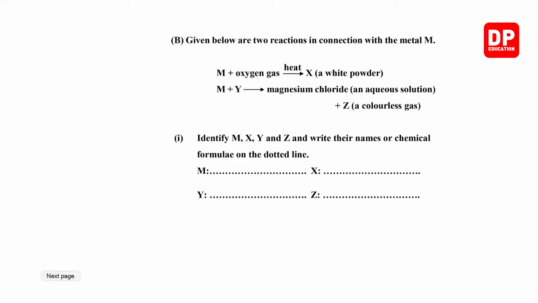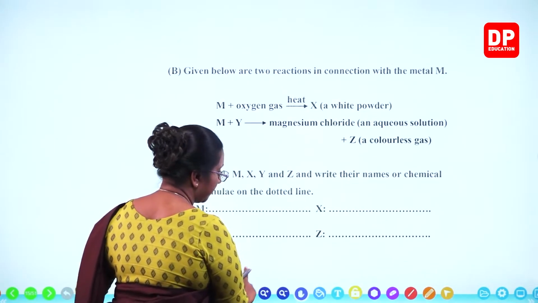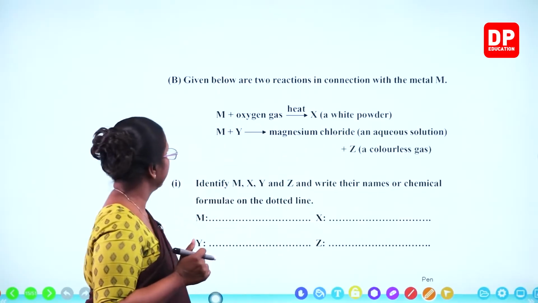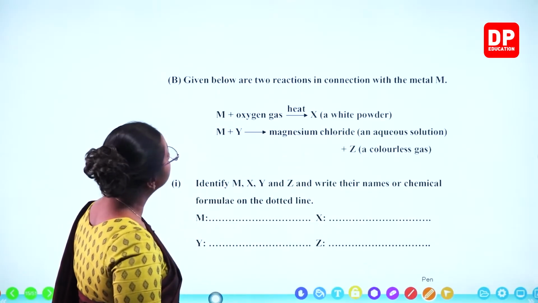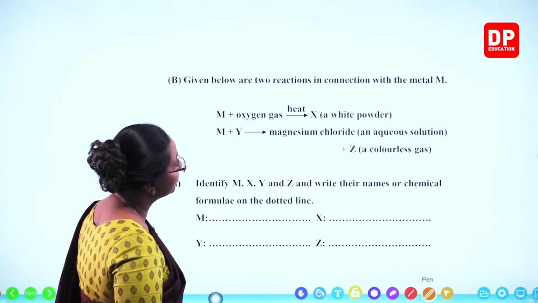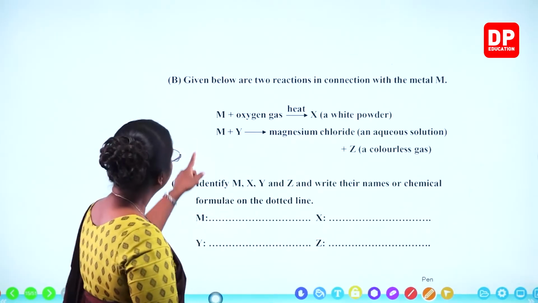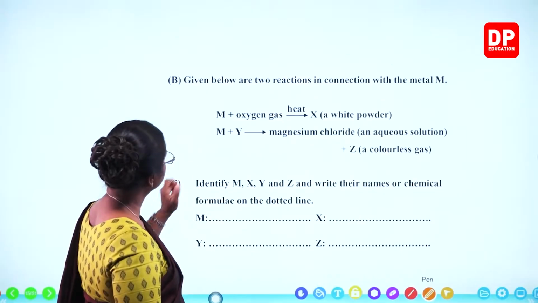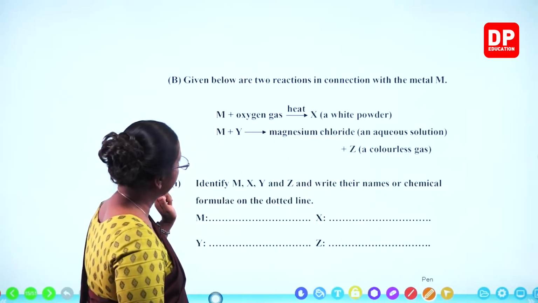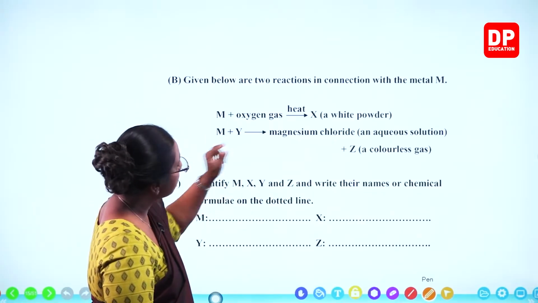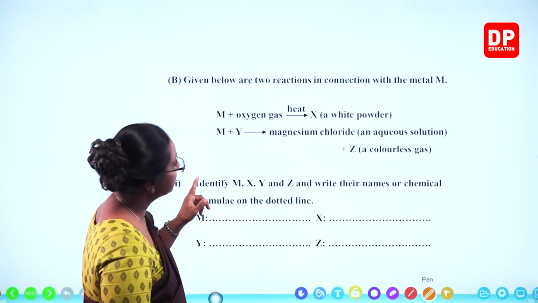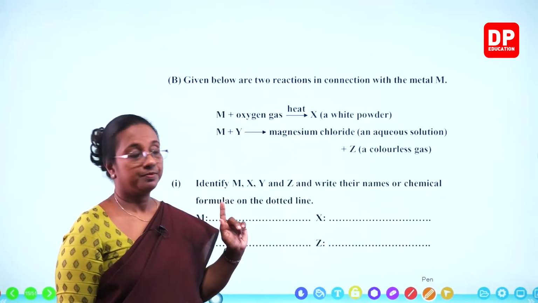Here we have part B of the same question. Given below are two reactions in connection with the metal M. Now this is a new metal M. Look at the reactions. M with oxygen gas, when you heat, there is a substance X formed which is a white powder.